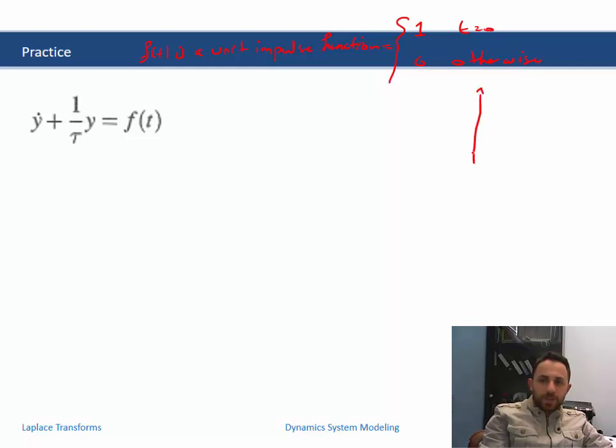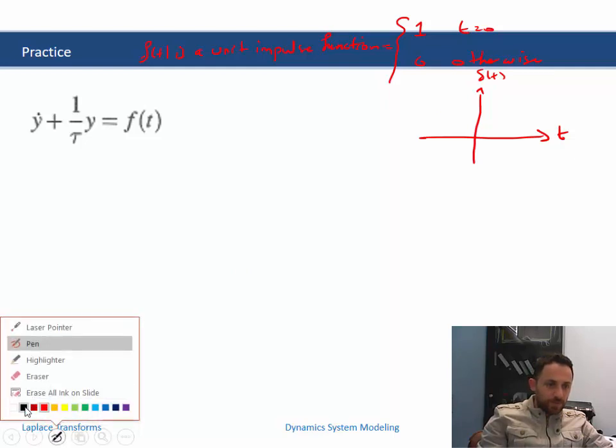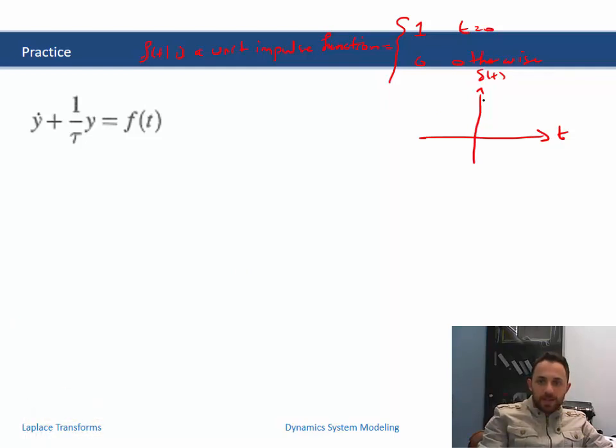If you want to plot it, this is t, delta of t. This is how the notation is used for the impulse function. So the magnitude of it is 1 at time 0 and 0 otherwise.